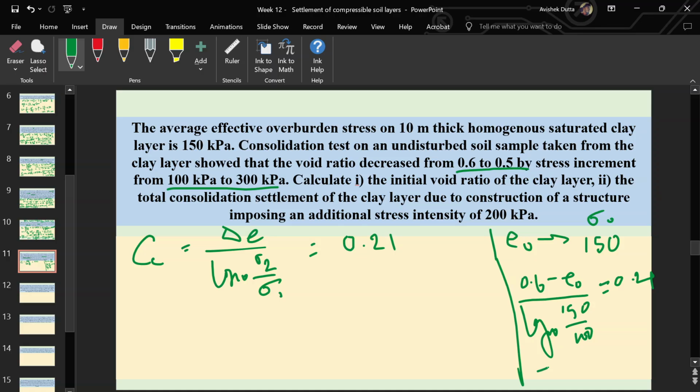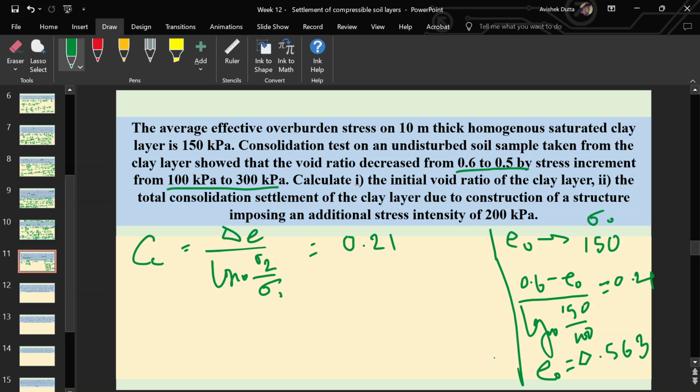You solve it, you will get e0 approximately equal to 0.563, the initial void ratio.